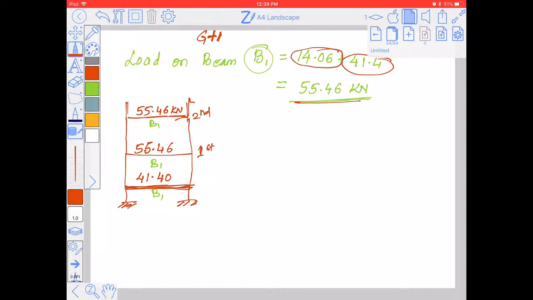Here one thing, we will neglect the self weight of the beam as compared to the load acting. Already we have taken intensity on a higher side, 6.5, as well as a total of 3 meter wall.